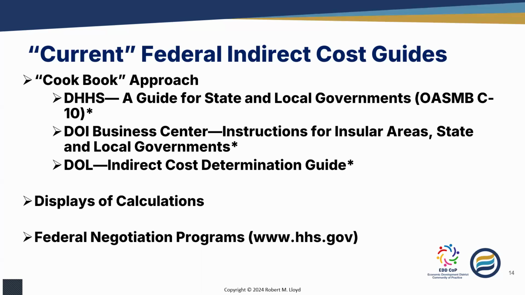And as many of you probably know, several years ago, the Department of Commerce decided to get out of the indirect cost negotiation business, even though they couldn't get out of being a cognizant agency. And their solution was to enter into an interagency agreement with the Department of Interior's Interior Business Center. So Interior does the review of indirect cost allocation plans and rate proposals on behalf of the Department of Commerce and actually issues indirect cost rate agreements under those circumstances.